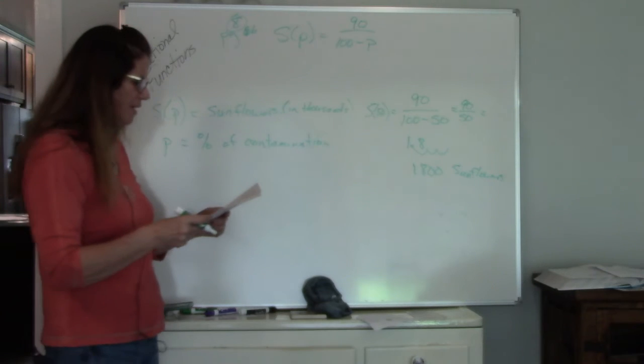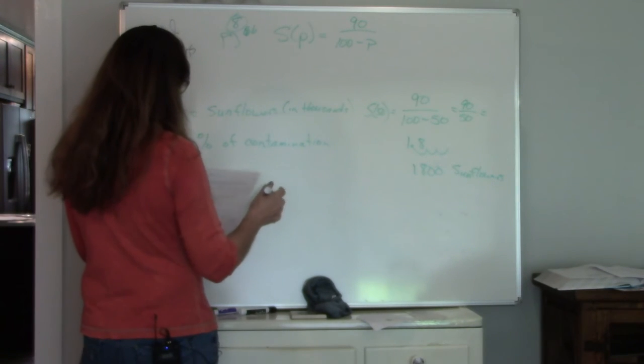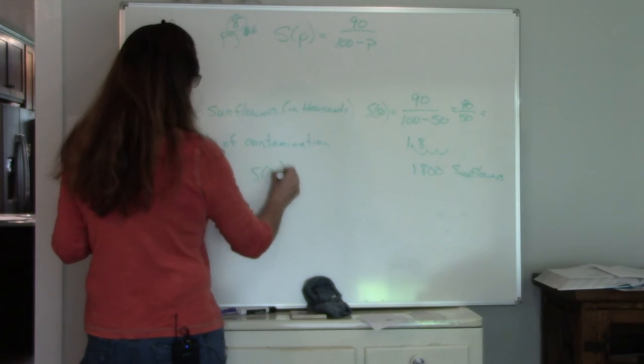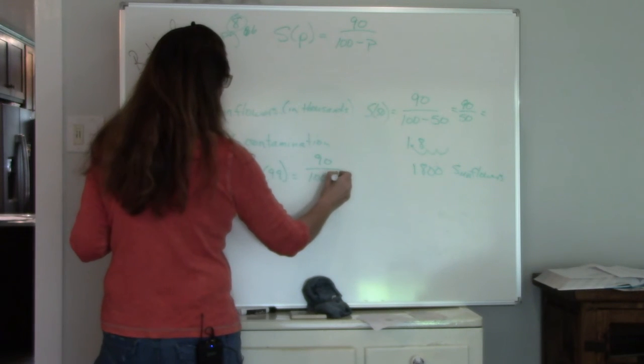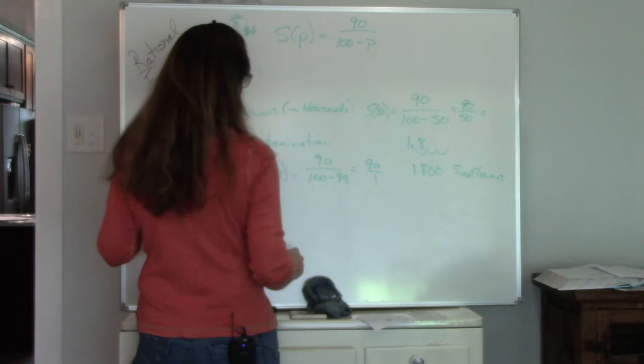Then B says, how many sunflowers would it take to remove 99% of the contamination? So I want 99%. So 90 divided by 100 minus 99 equals 90 over 1.